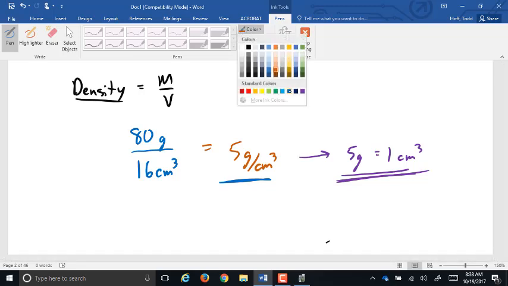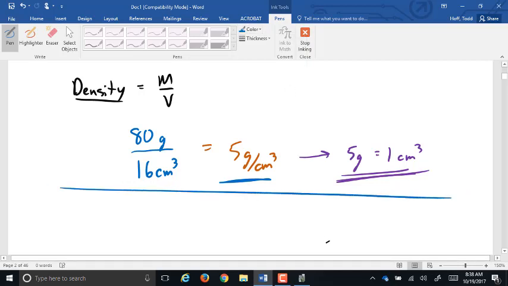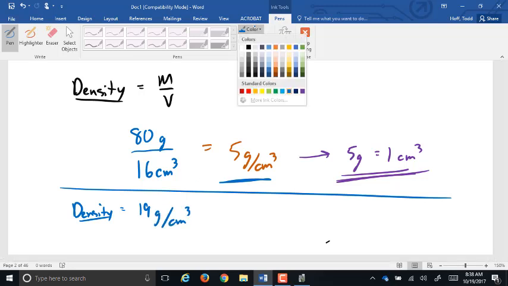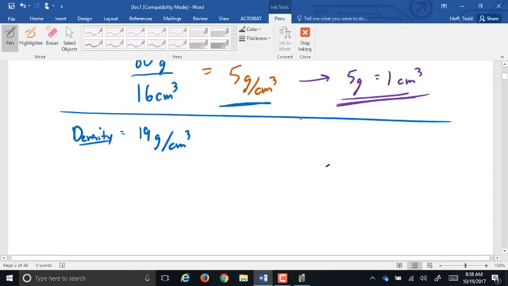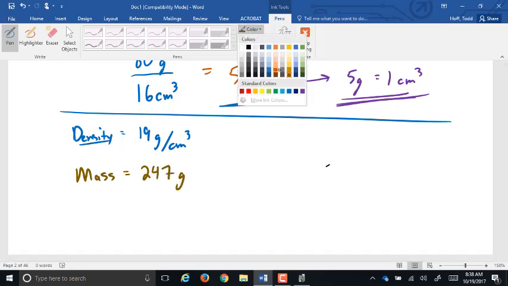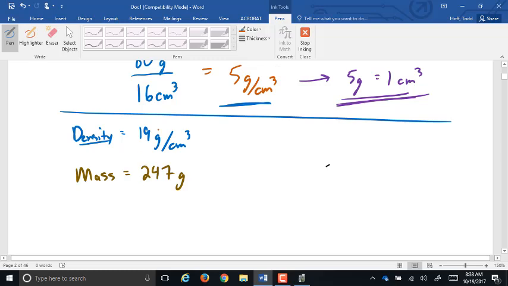So if we have an object that we know has a density of, let's say 19 grams per cubic centimeter, and we want to find the volume, but let's say it's an awkward shaped object, but we find that its mass is 247 grams. We can find its volume from that. We can actually use what we've been doing for our measurement conversions to convert that.